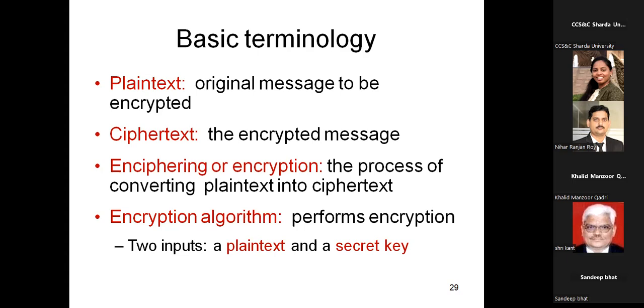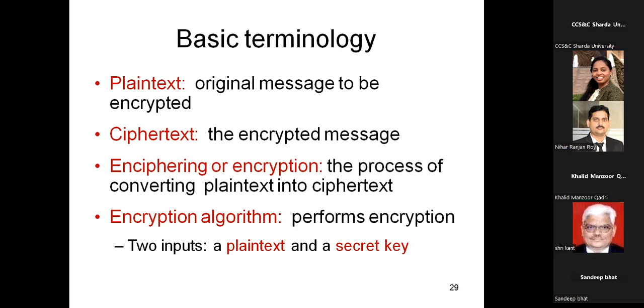In ciphering or encryption, the process of converting plain text into ciphertext is called enciphering or encryption, right? And this is done with the help of an encryption algorithm. This encryption algorithm requires two inputs. What are the two inputs?